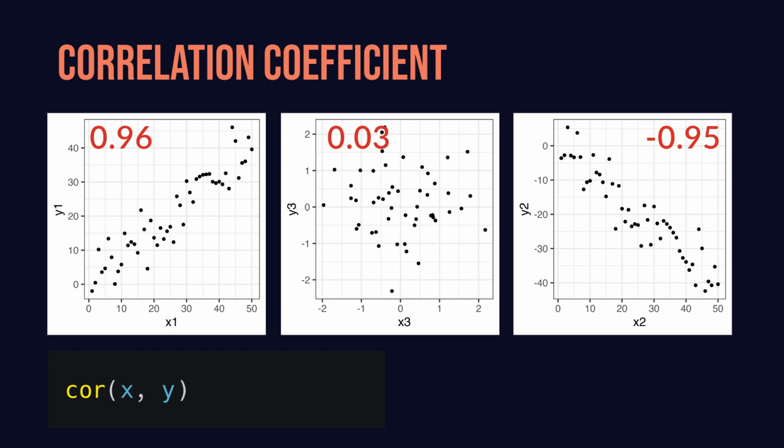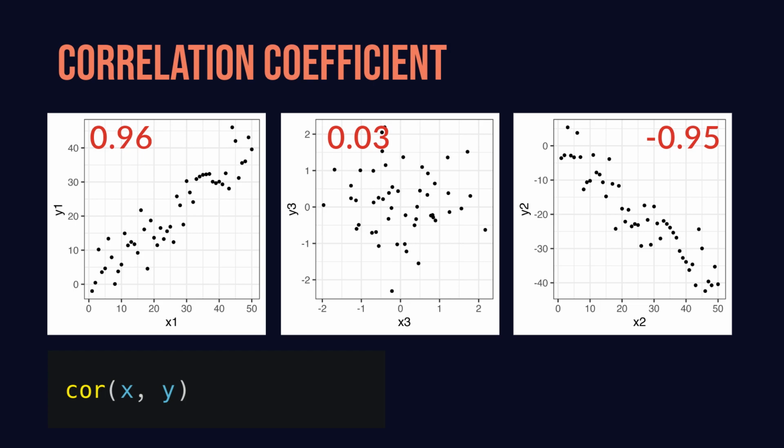When the correlation coefficient is close to -1, it means negative correlation, where an increase in x causes a decrease in y. When the correlation coefficient is close to 0, it means that the variables are not correlated at all.